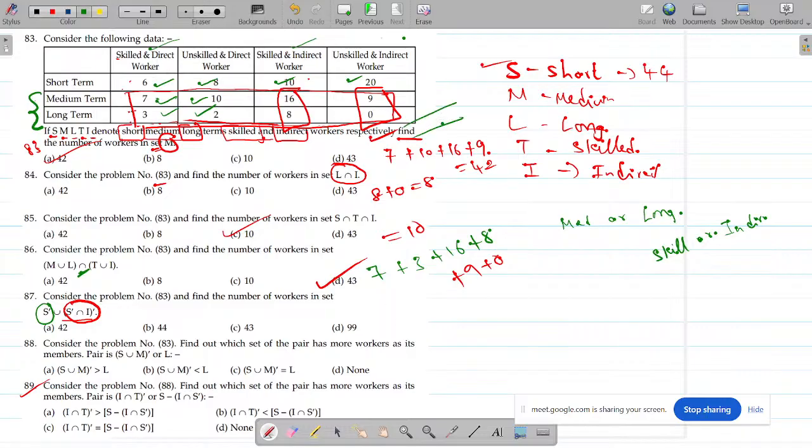Can I get the complete total? 99. I want to check whether it's 99, else I have to check once again. 99. Okay, so 87 is 99.